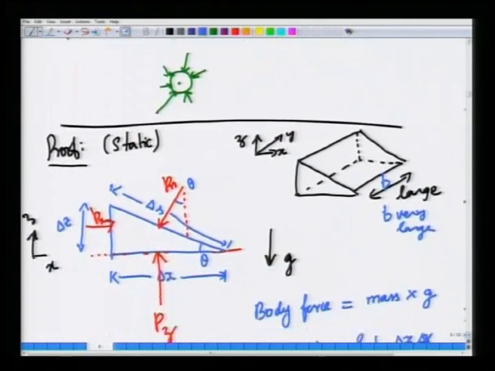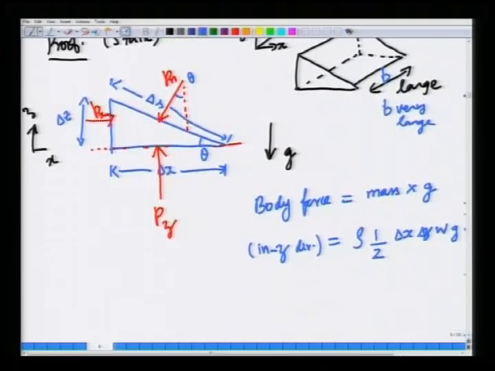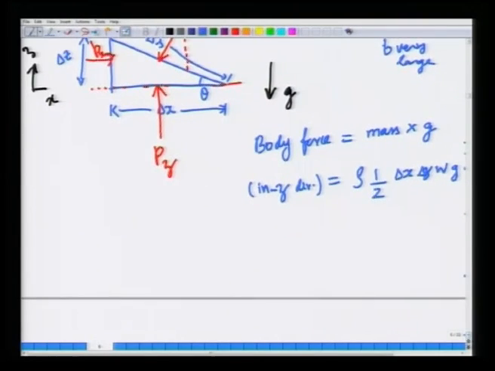So W times g. If this were a complete cuboid, the volume would be delta x delta z times b, but you are cutting it in half across the diagonal. So it is half rho delta x delta z b g, the body force acting in the negative z direction. Now we will do a force balance.